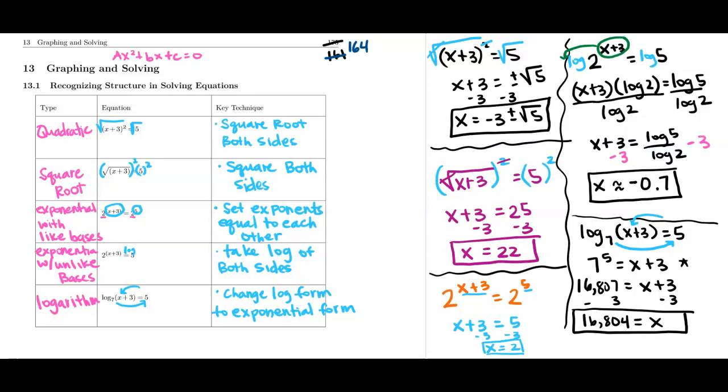You look at it at this point and you're like, yeah, that's not so bad to solve. But sometimes it just is easy to get stuck and go, what do I do with this log? But remembering that logs and exponentials undo each other will be really helpful to keep in mind there.